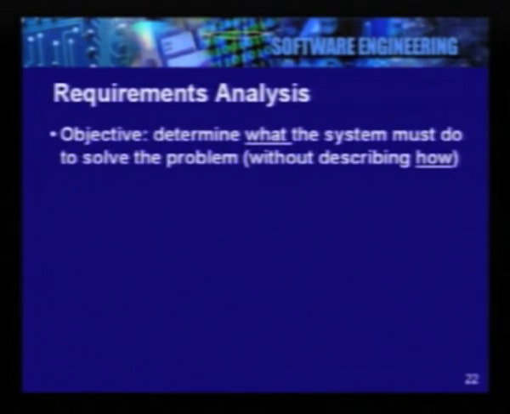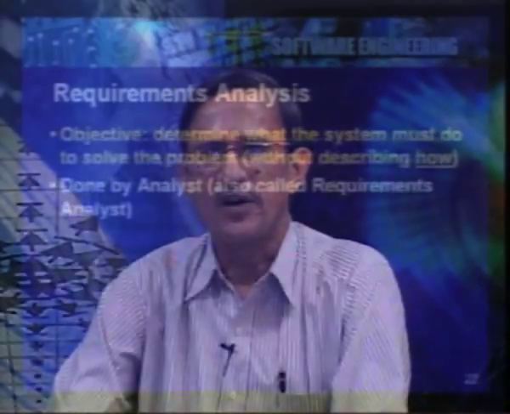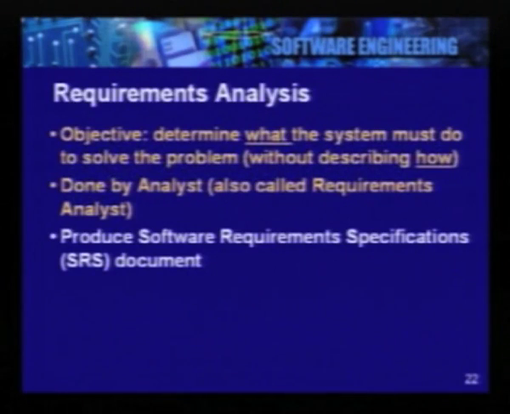At this phase, we want to clearly specify the objectives in terms of what the system is supposed to do. This phase is carried out by the analyst, also called the requirement analyst, and the output of this phase is a very important document called Software Requirement Specification Document or SRS document.